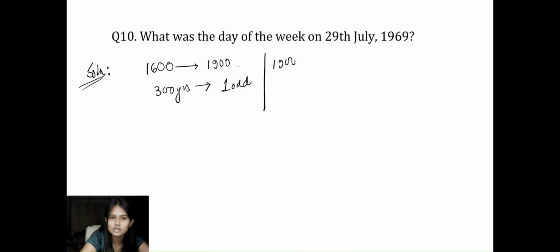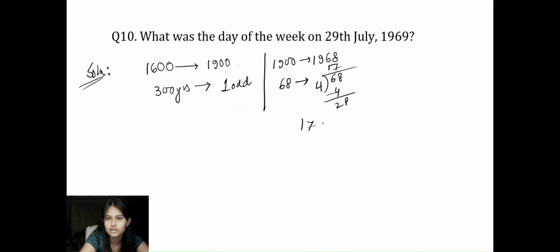Now my job is 1900 to 1968. I will not calculate on 1969 because that is the year I'm calculating for. So I have 68 years. So for 68 years, how many leap years will I get? If I divide this by 4, I'll get 17 leap years plus how many ordinary years therefore? 51 ordinary years, right?